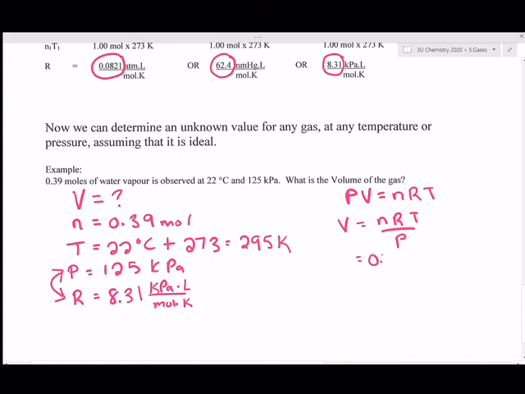And then plugging in 0.39 moles times 8.31 kilopascal liters per mole Kelvin. I'm trying to squeeze this all on here. And then we have temperature, which I need 295 Kelvin.